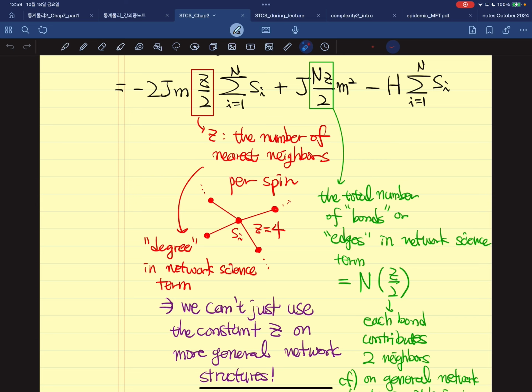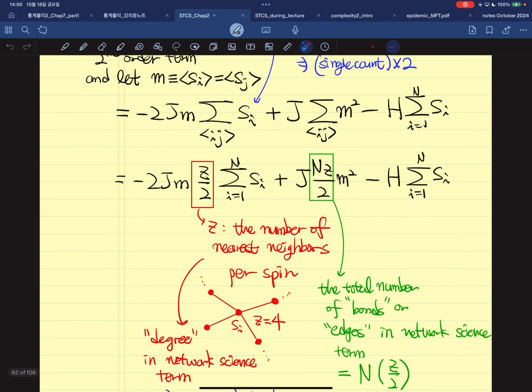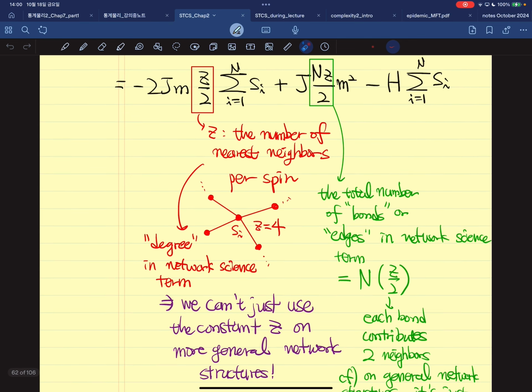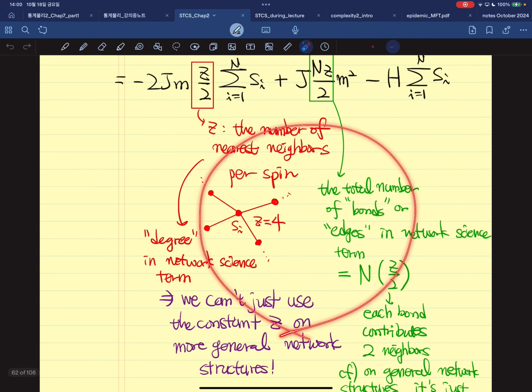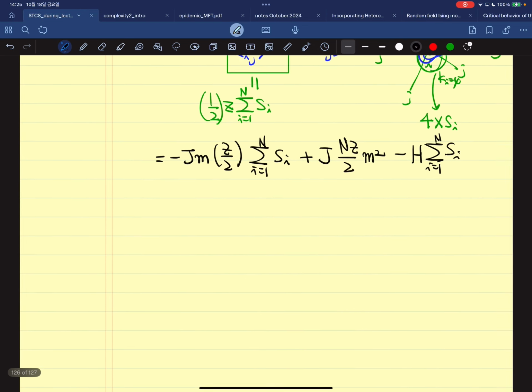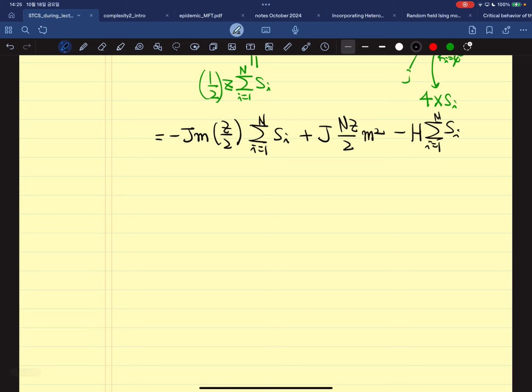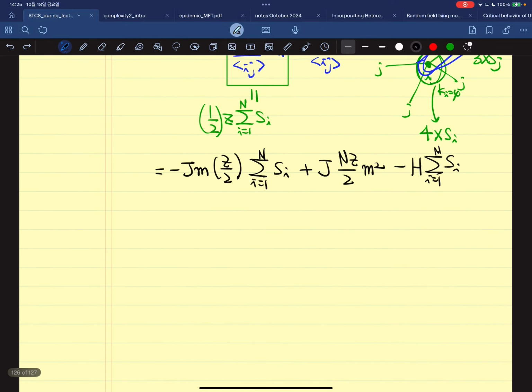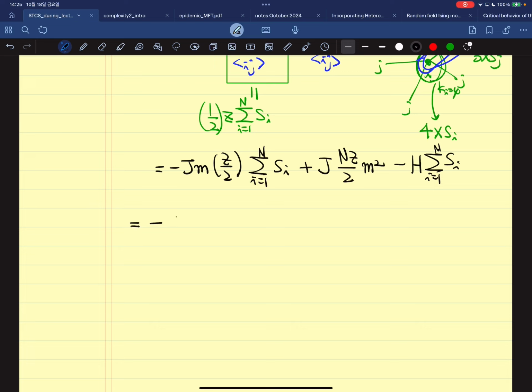So we will start from this approximated version of the energy term. By ignoring this local fluctuation, we have this formula, and the final form for this energy function would be given by minus, plus h, and this one, and the extra term.